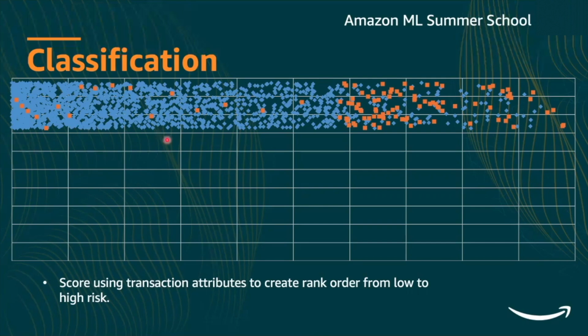This is the kind of segregation you get. If your model is good, you get a good separation of good and bad scores. Otherwise, you don't get a good separation. So right now we can say that our model is pretty decent because the red, or fraudulent, are on one side, and blue, or non-fraudulent, are on the other side. And as I said, the model is never perfect, so there may be some mix and match here and there.